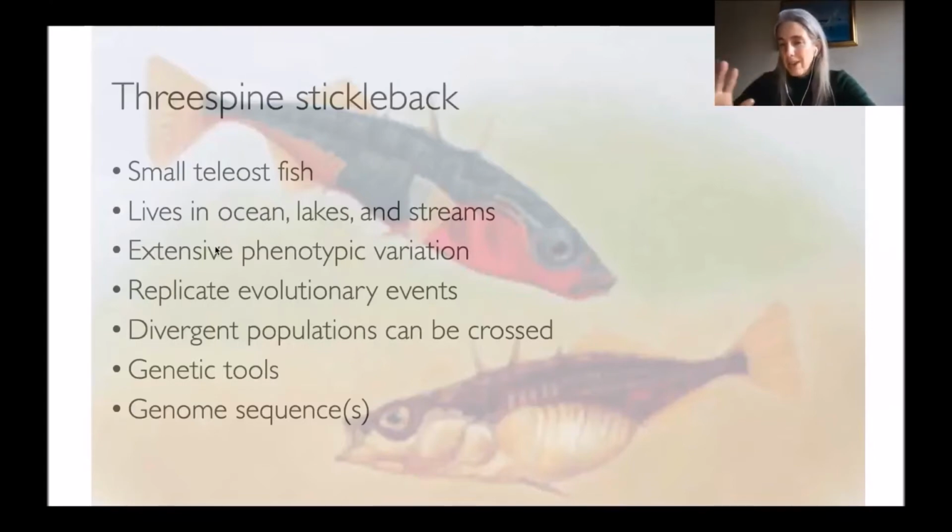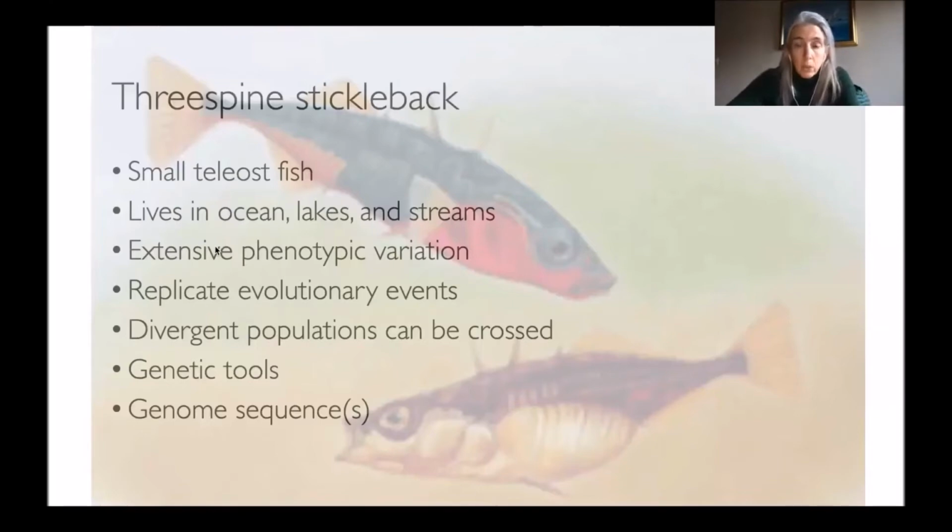Not anywhere near as close as you can in Drosophila, but we can get good numbers of offspring. And of course, we now have some genetic tools, and as we all know, it's super easy to sequence the genome. The genome of sticklebacks is only about half a gigabase, so it's actually a pretty compact vertebrate genome.